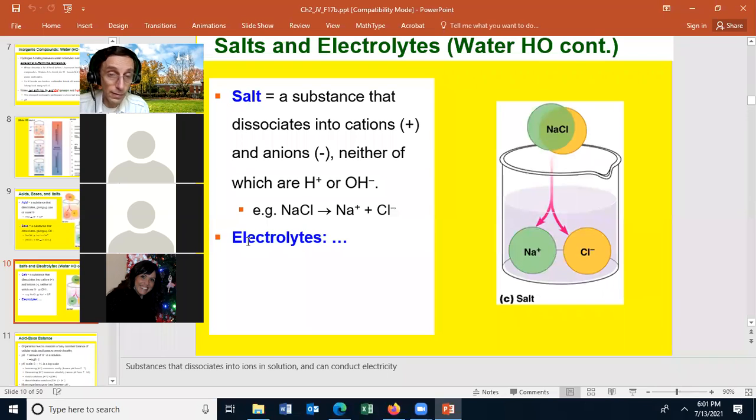So sodium chloride, which everyone calls salt, is a salt because it dissociates into a sodium cation and a chloride anion. But we could also say magnesium chloride is a salt because it dissociates into cations and anions. Any question about that?